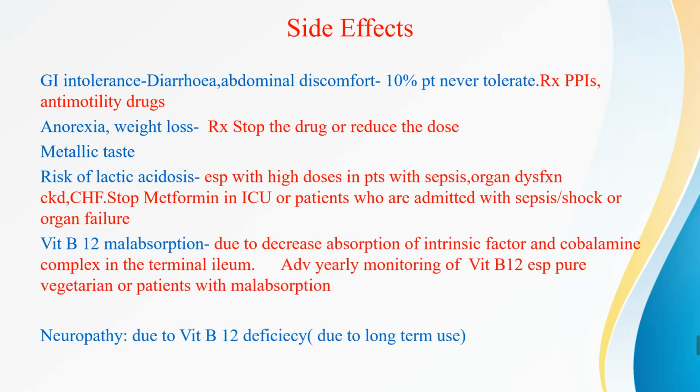Whenever we give metformin to patients, 10% of the patients never tolerate the metformin. The most important side effects are GI intolerance in the form of diarrhea or abdominal discomfort.